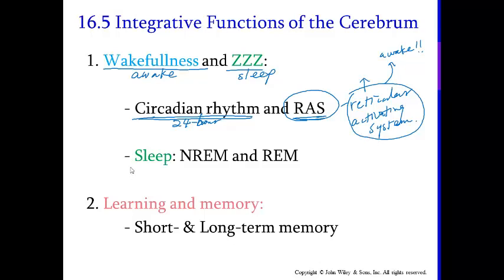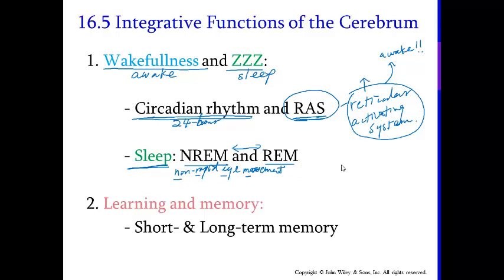When we're sleeping, we alternate between non-rapid eye movement and rapid eye movement, so NREM versus REM.